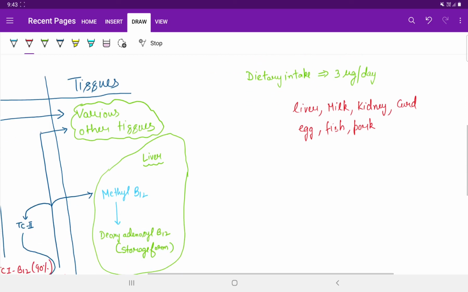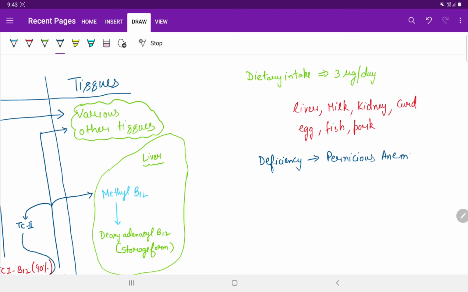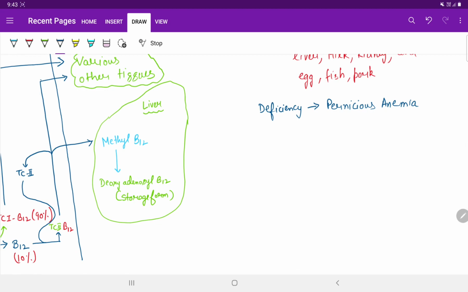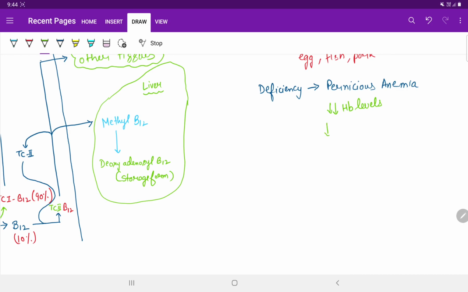So the deficiency may lead to, so its deficiency causes pernicious anemia, that is characterized by the low levels of the hemoglobin. So there are decreased HB levels, we can see, and decreased levels of erythrocytes also, and certain neurological manifestations are also there.